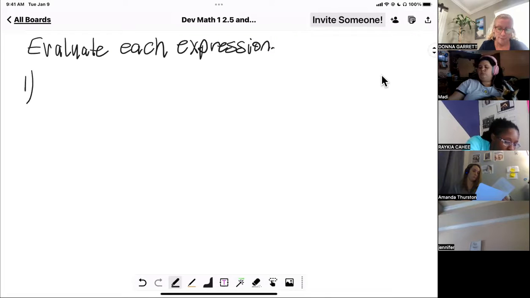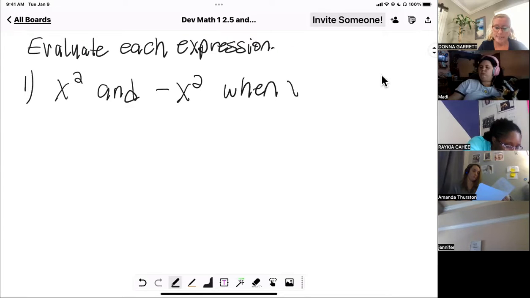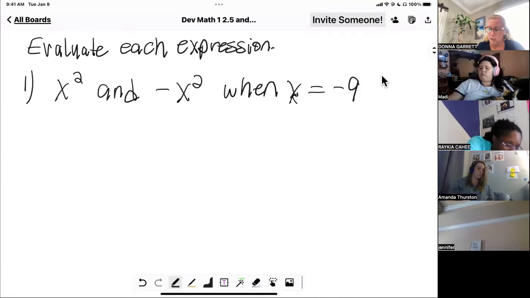So we have evaluate x squared and negative x squared when x equals -9. So I actually want you guys to sort of try it first. And see what you get. Be very, very careful with the negative one.